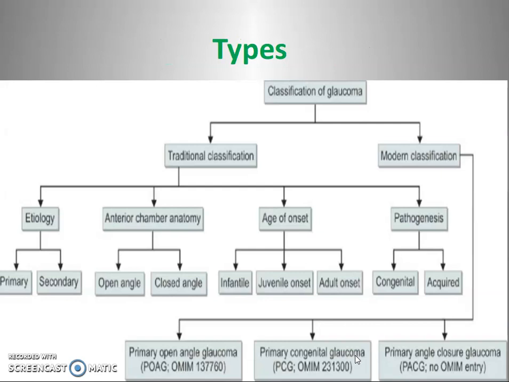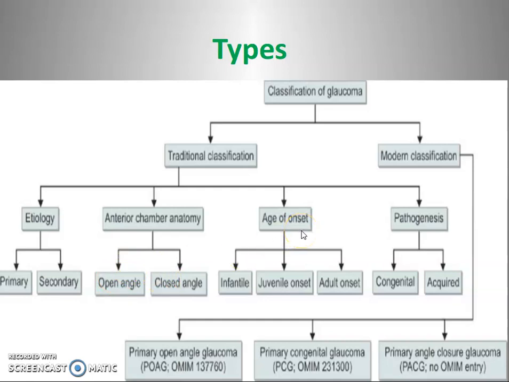Next, here are some types which are mentioned as per the different classification systems, like the traditional way and the modern way of classification. In the traditional way, as per the etiology, they are considered as primary and secondary glaucoma. As per the anatomical view, it is also called open angle and closed angle glaucoma, and that we have to study in detail.